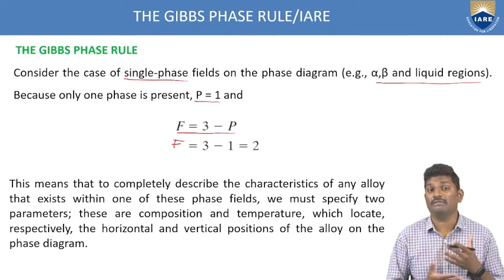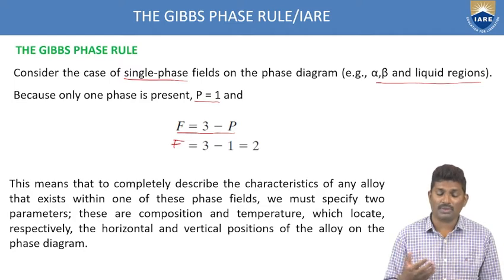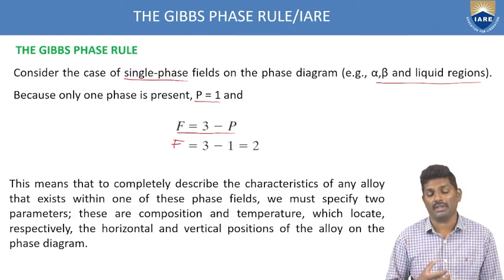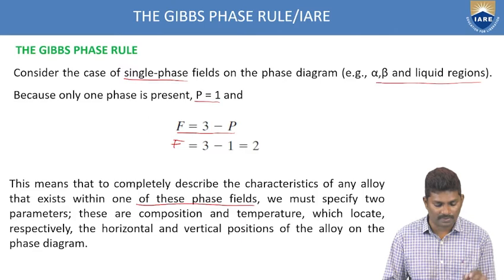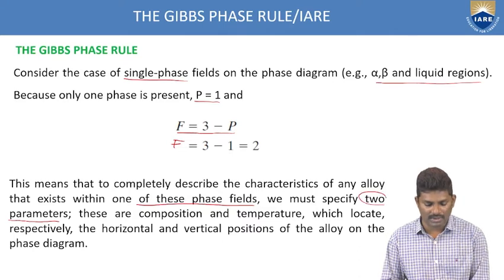So what does F is equal to 2 infer? This means that to completely describe the characteristic of any type of alloy that exists within a single phase field, we must have 2 parameters. This is very important.